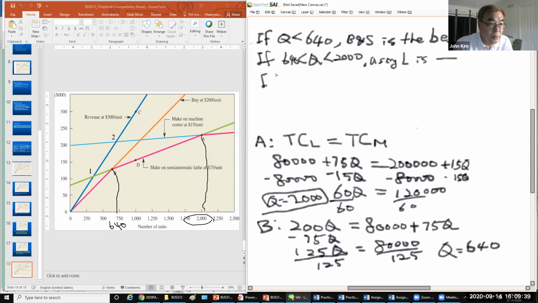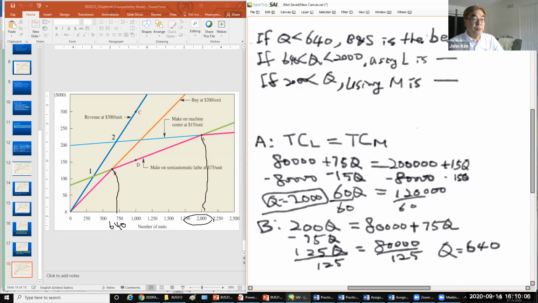And then if Q is greater than 2000, this one, this one, this one. This one is the lowest option, so the third one. So using machine center is the best, like this.